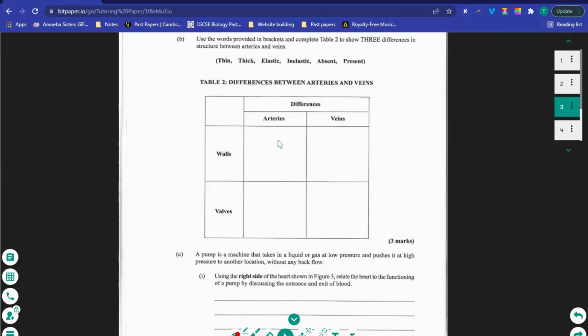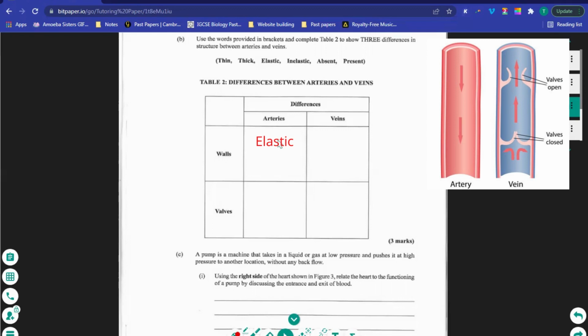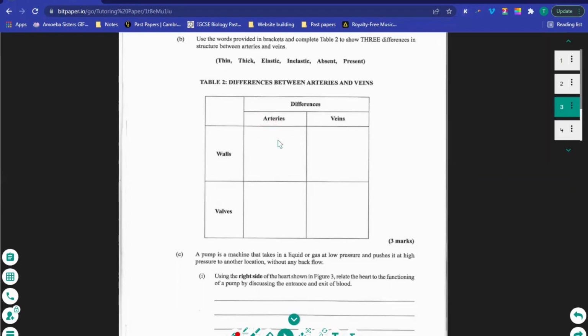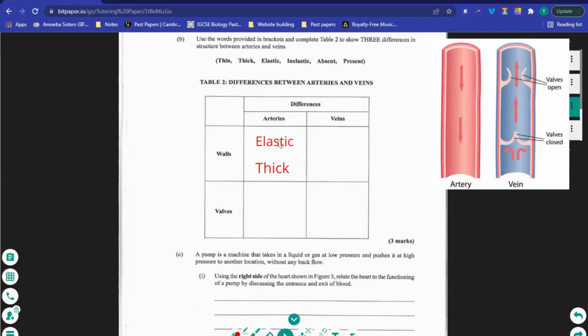And if this is being carried under high pressure, then we wouldn't want anything to burst the vessels easily. So therefore it would need to be thick. Veins carry blood under low pressure. So for this, what would fit here is inelastic and thin, because it doesn't carry the blood under high pressure. Therefore, there's no need for it to be very elastic or for it to be thick.